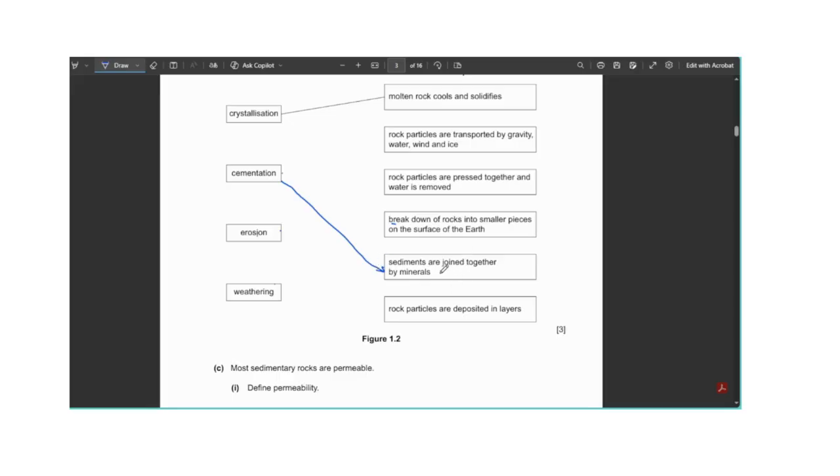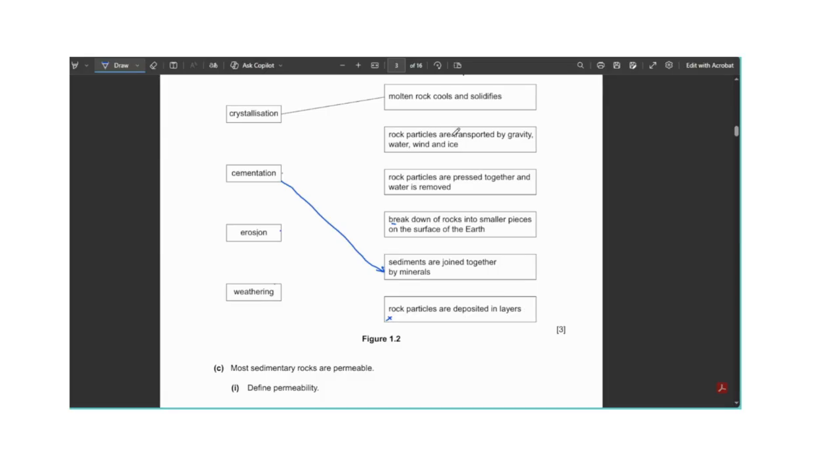Okay, this is the first form. Now weathering and erosion both are about cutting, breaking, so deposit cannot be here, so we don't choose this one. Next one, breaking down rock into smaller pieces on the surface of the earth. Another option says rock particles pressed and water is removed. No, we don't have that in cementation.